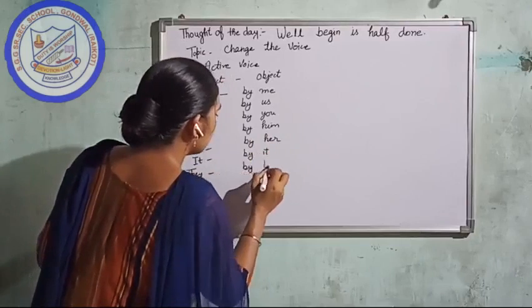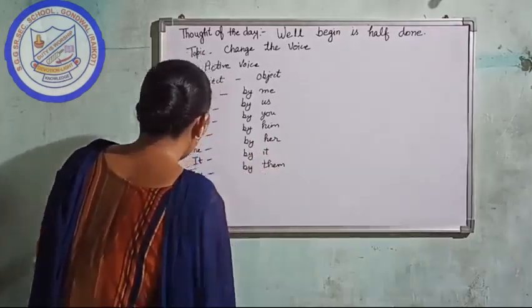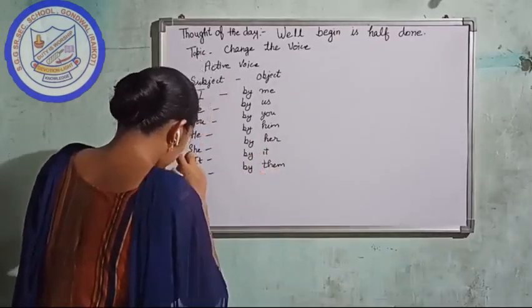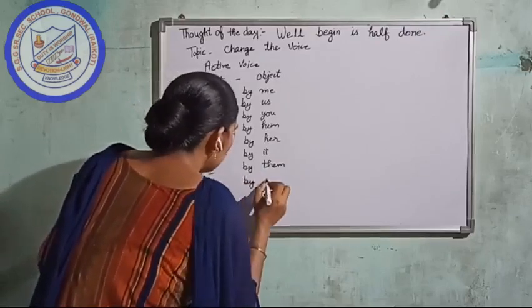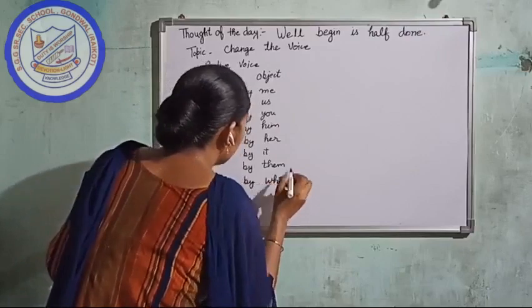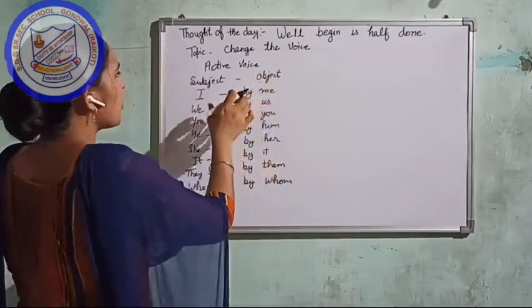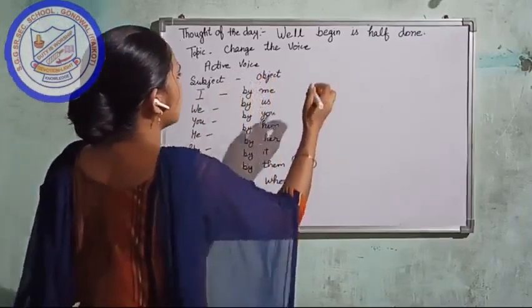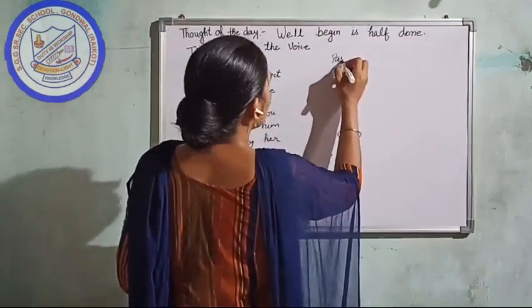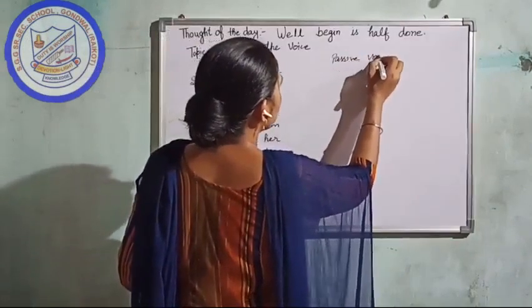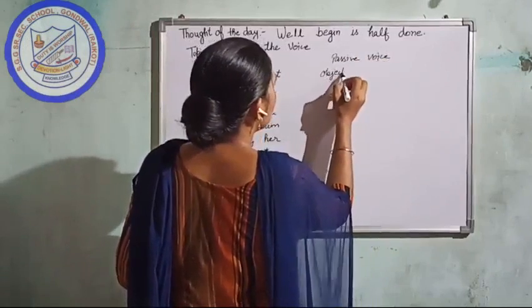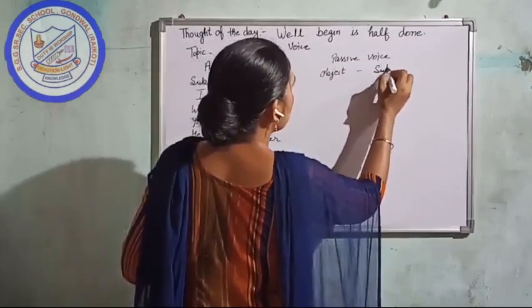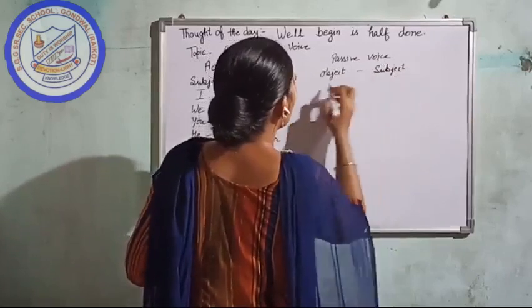by them, and who, by whom. So this is the list of active voice, and in passive voice, object will replace with subject.